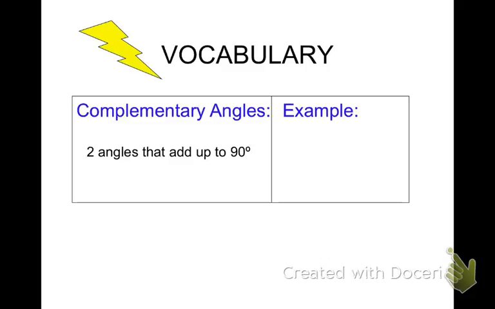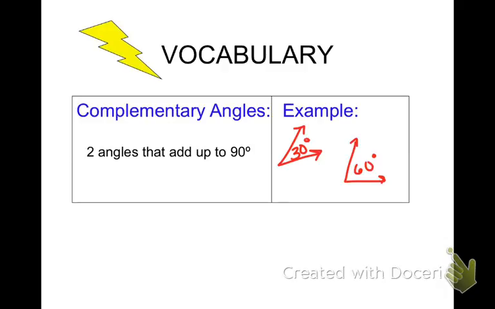So 2 and 45 would be complementary angles. What will be another pairing of complementary angles? What will be a complementary angle to 30? 60. Good. So if we put an angle here of 30 degrees, then a complementary angle would be 60 degrees. 30 and 60 would be examples of complementary angles.